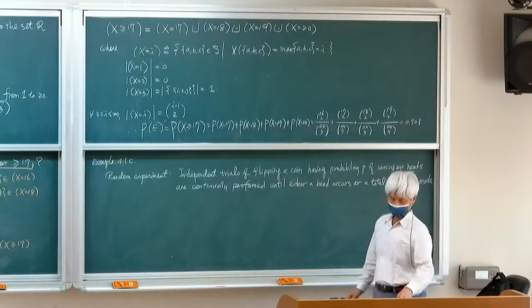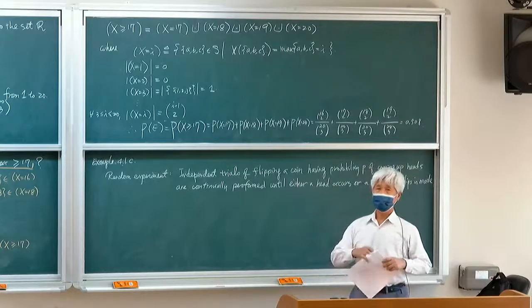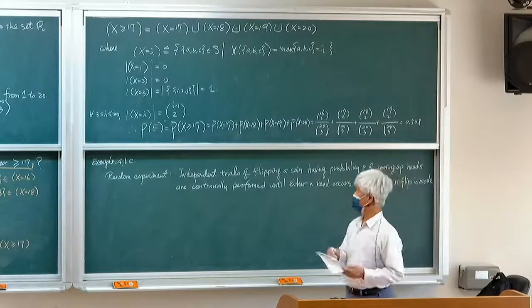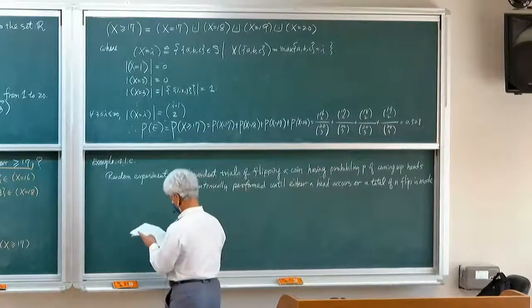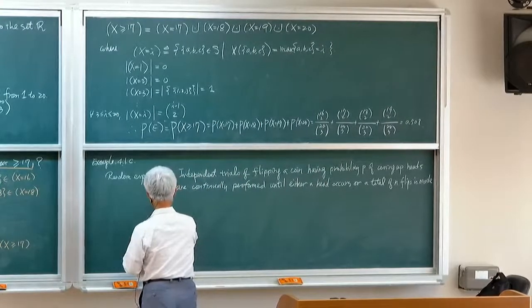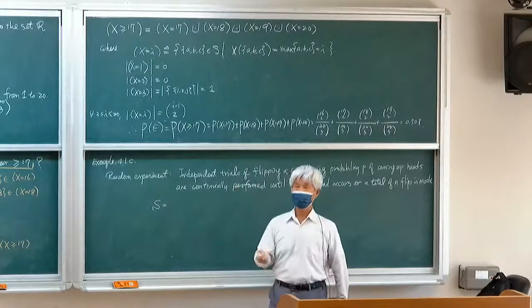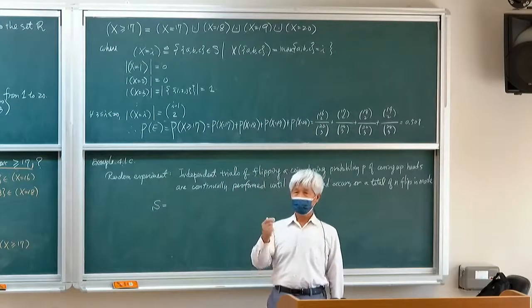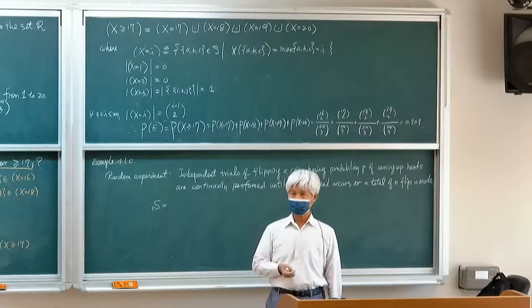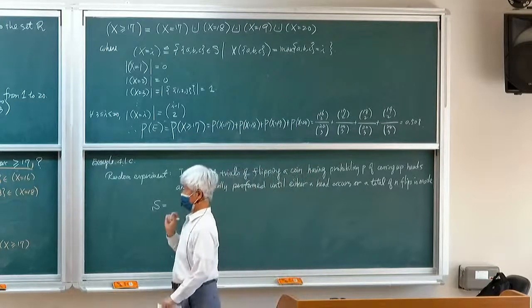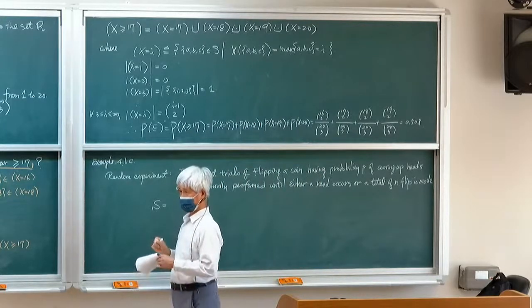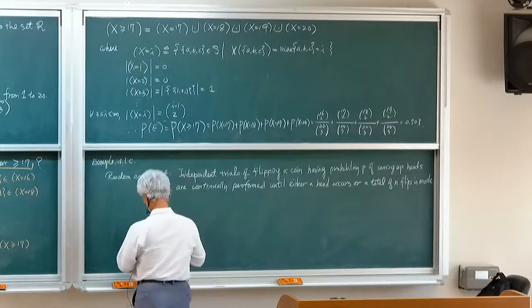Now, what is the probability model for this running experiment? I think you have constructed the probability space for independent trials, in last night's quiz number 3.